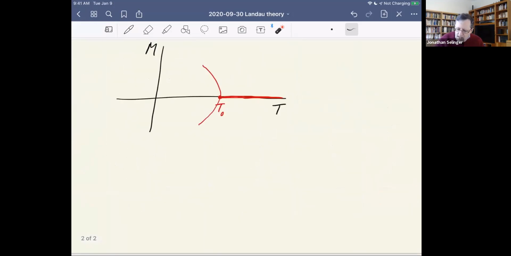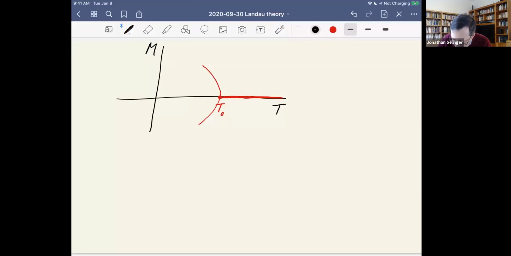In that case, the magnetic field selects one of these as the preferred state, so we wouldn't be able to say there's no even terms in the expansion. Okay, so let's think about that now.